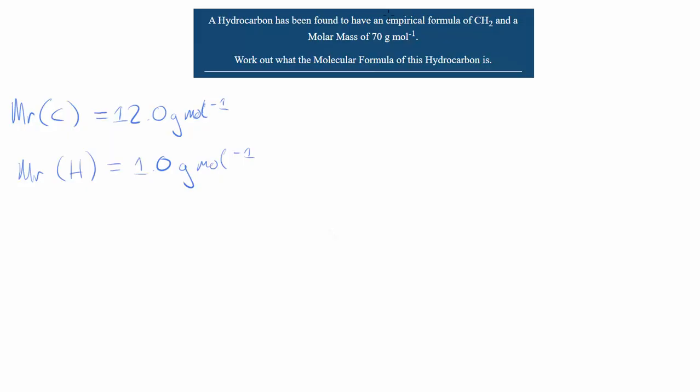Okay, so what am I going to do with that information? I'm going to use it to work out the molar mass of the empirical formula. I'm going to set up a calculation here. For carbon, we have 12.0, and it occurs once in the empirical formula, so that's 12 times 1. We add this to hydrogen, which occurs twice.